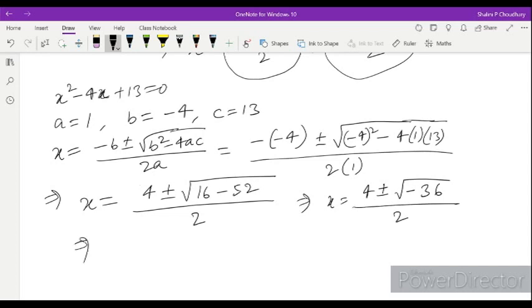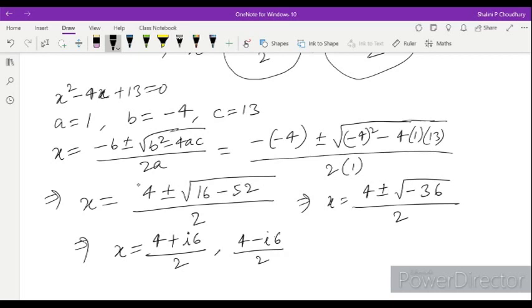Okay, so what will the roots of x be? 4 plus i square root of 36, which will be 6, divided by 2, and 4 minus i 6, sorry, that is 6i, divided by 2.